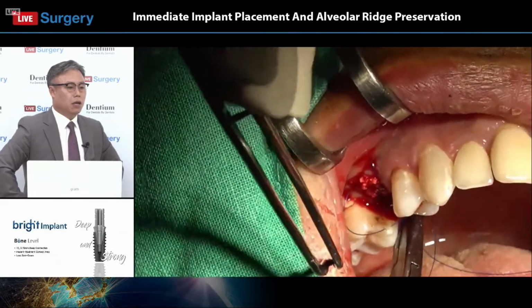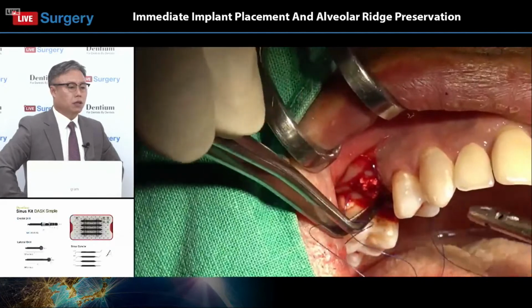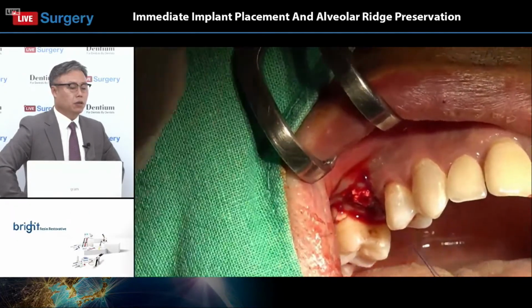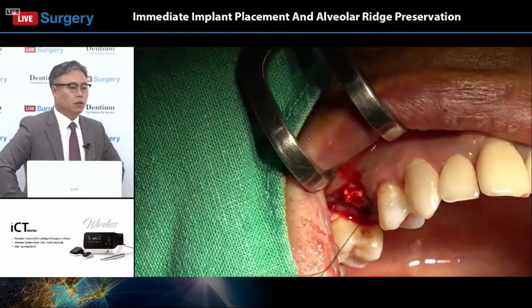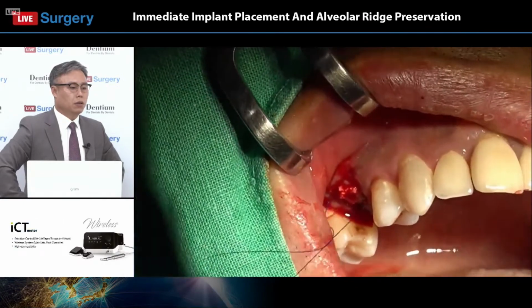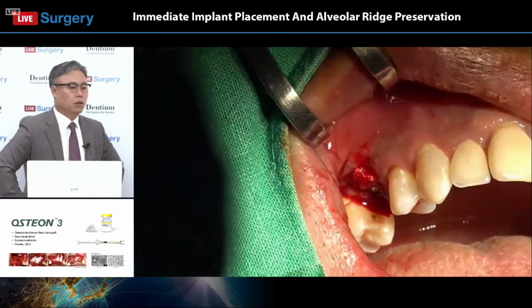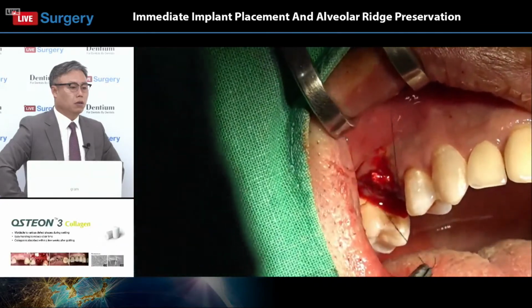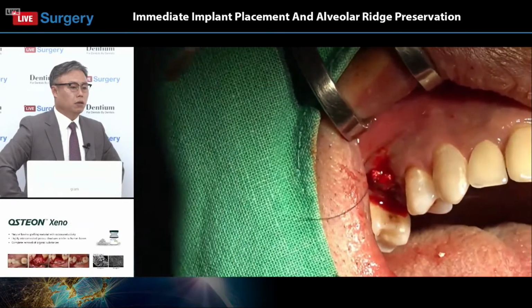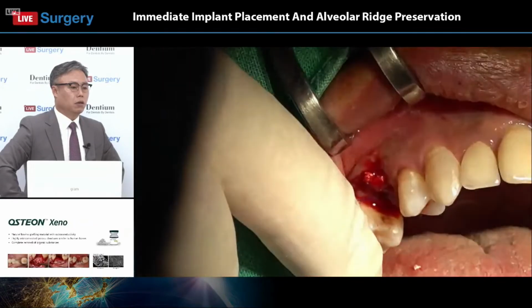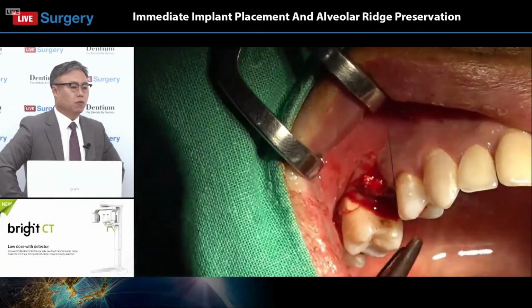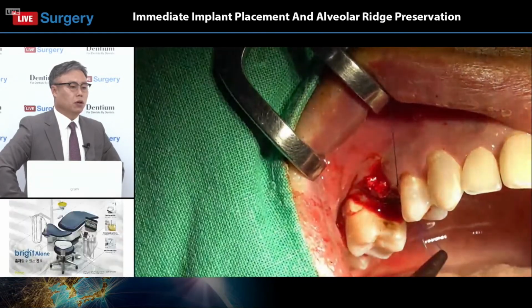This is not an X figure suture. I think this is the matrix suture. Because the implant was placed in the middle, we don't need the X figure suture.